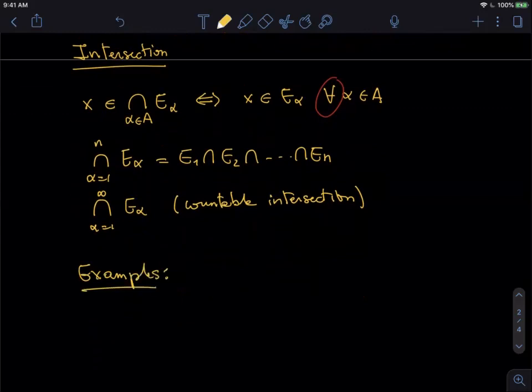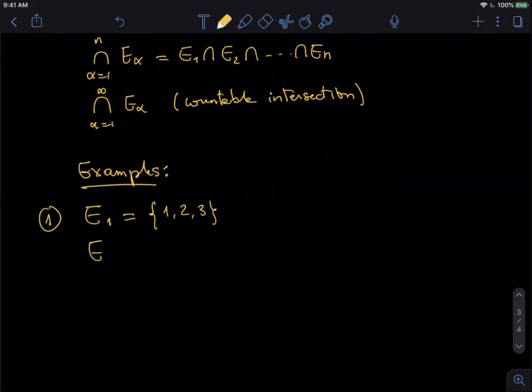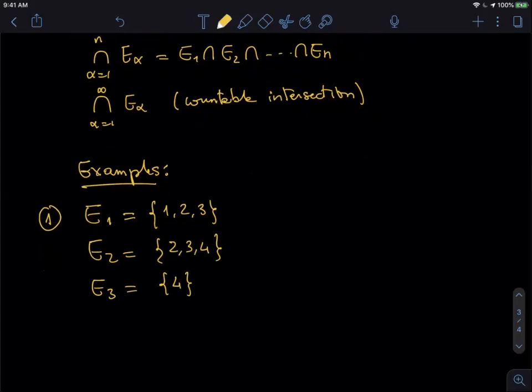Some examples. Let's say we have three sets: the set of numbers 1, 2, and 3, then the set of numbers 2, 3, and 4, and then the set of numbers 4 and 5.